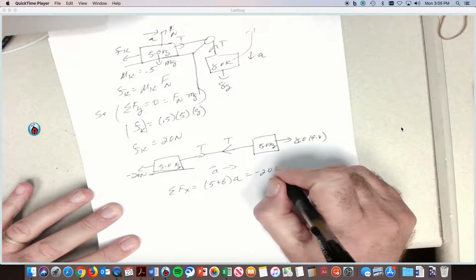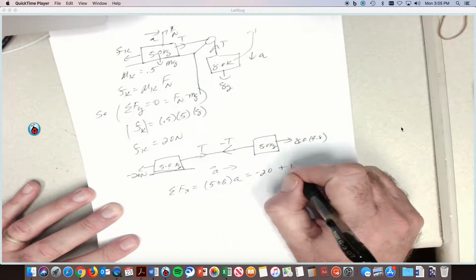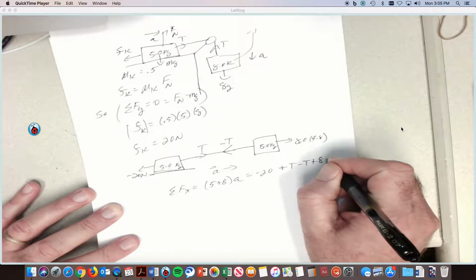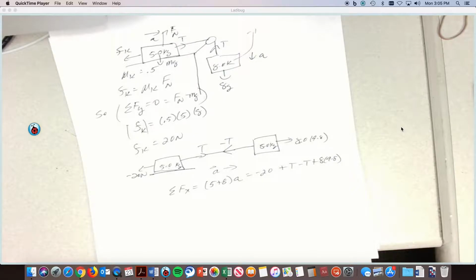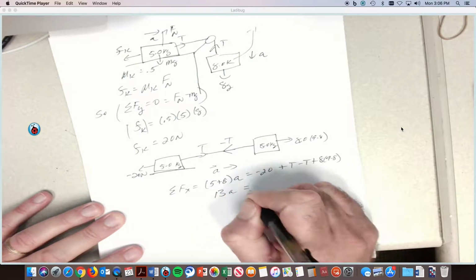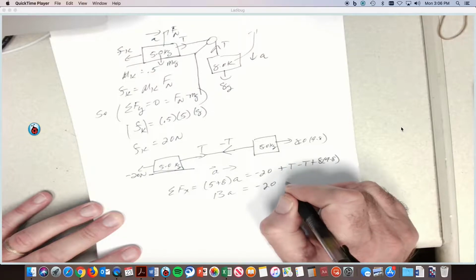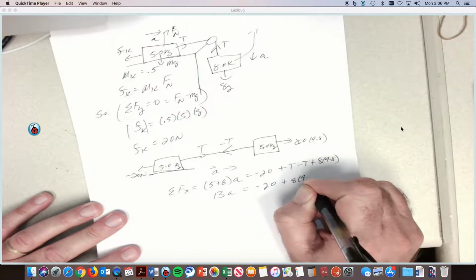It is equal to plus T minus T plus 8 times 9.8. Okay? All right. So now we've got 13a is equal to minus 20 plus 8 times 9.8.